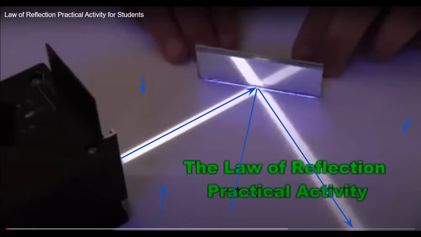Is this the way of drawing the normal? No. Oshadi? I have drawn this to have 90 degrees between the reflecting surface and the normal.